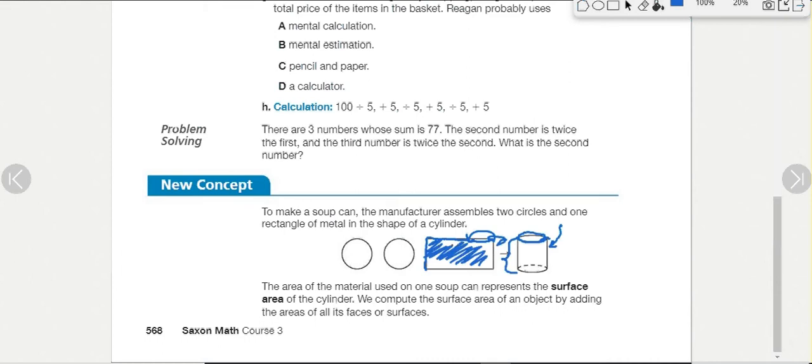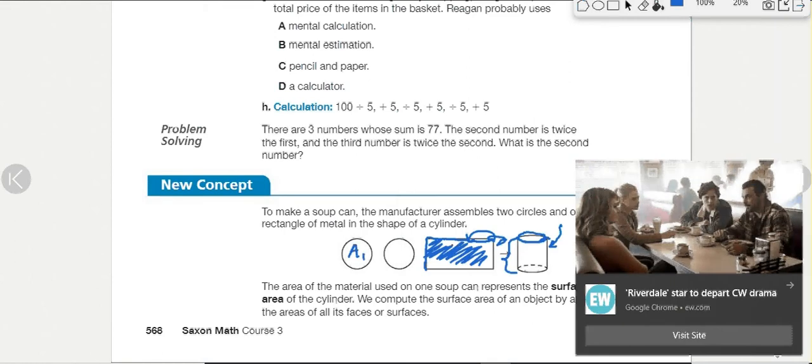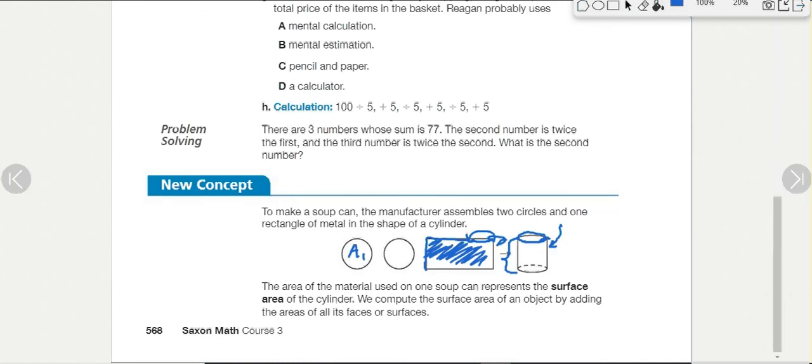And then you find the area of a circle, and then basically double that, right? Because this is going to be the same thing. Add all that together, you've got the complete surface area of this strange shape, this cylinder.